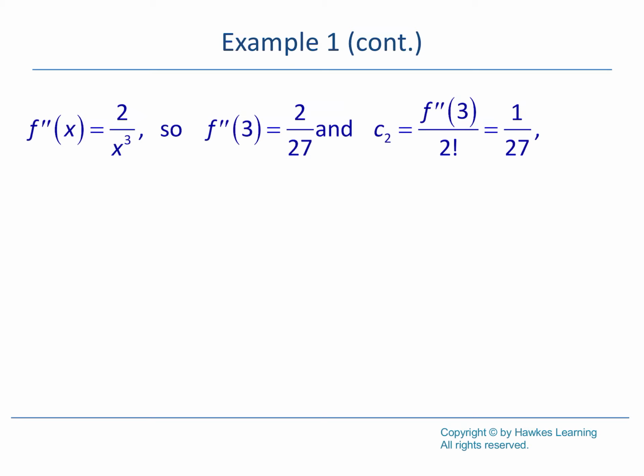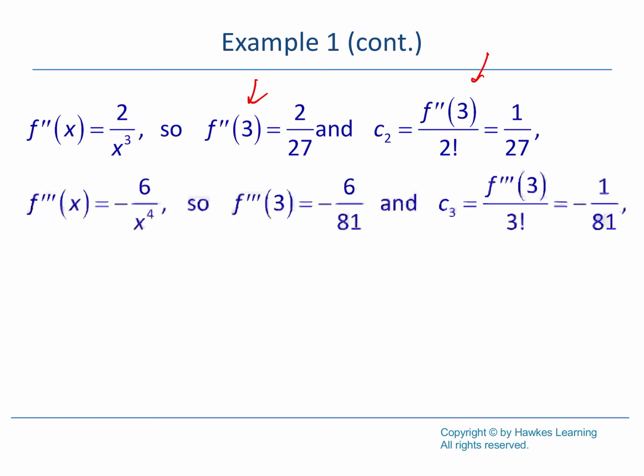This is just the second derivative. Here we plug in a. Here we divide by 2 factorial to get 1/27. Take a derivative, plug in a, divide by 3 factorial, which is 6.